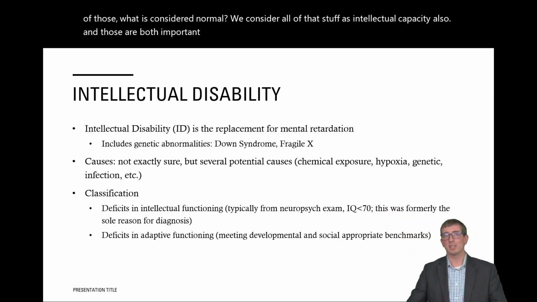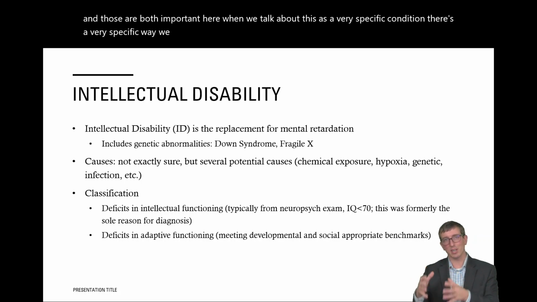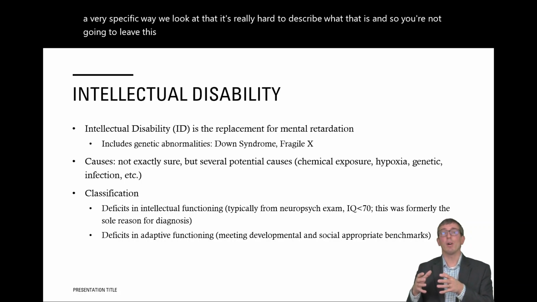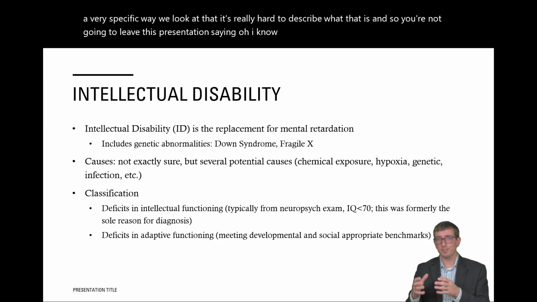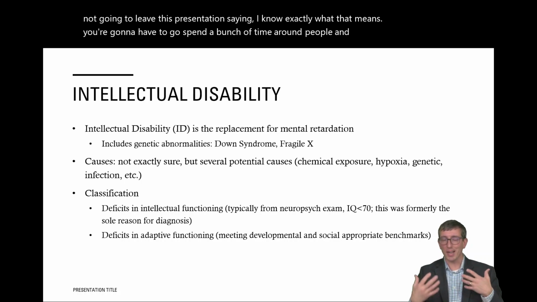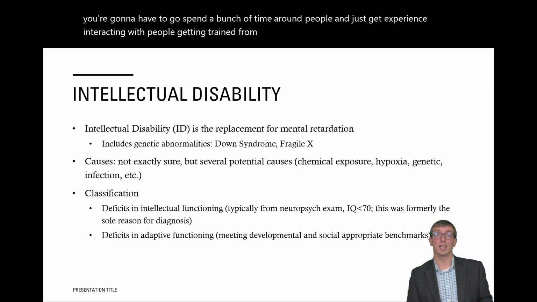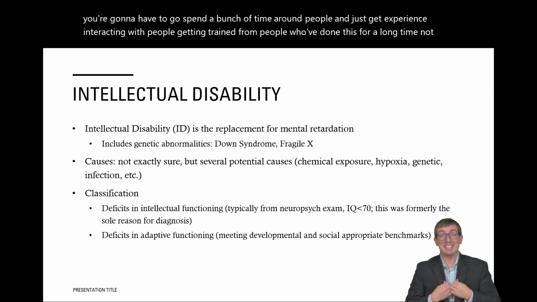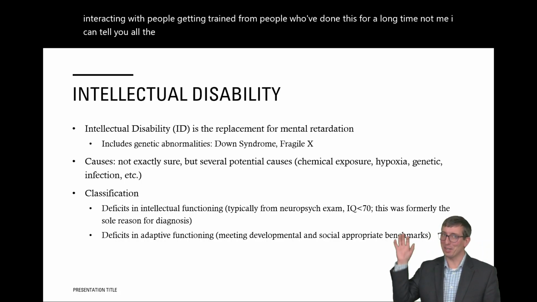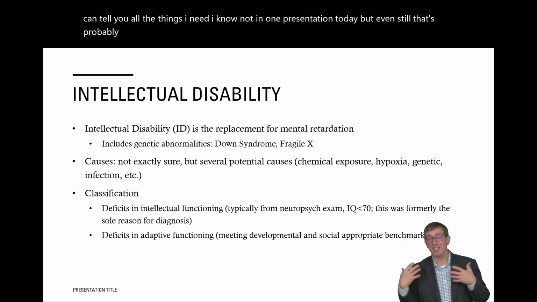When we talk about this as a very specific condition, there's a very specific way we look at that. It's really hard to describe what that is, and so you're not going to leave this presentation saying, oh, I know exactly what that means. You're going to have to spend a bunch of time around people and get experience interacting with people, getting trained by people who've done this for a long time, not me. I can tell you all the things I know, not in one presentation today, but even still, that's probably not good enough to make diagnoses like this.